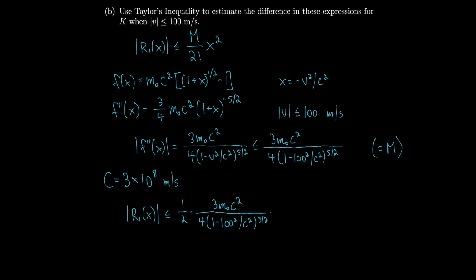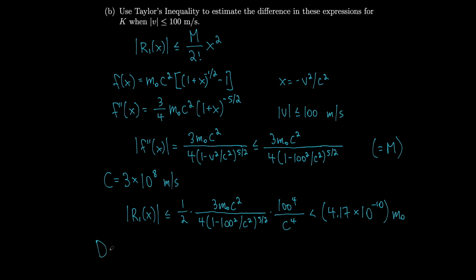Okay, well, we know that x is minus v squared over c squared, and v is less than or equal to 100. So to square this, that means we're looking at v to the 4th. It will be less than or equal to 100 to the 4th over c to the 4th. And then plugging in c equals 3 times 10 to the 8th, we get that this is less than 4.17 times 10 to the minus 10 times m naught.